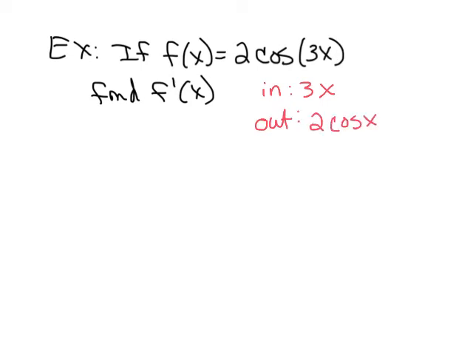So if I look at 2 cosine of x, that can be treated as a product. And if I apply the product rule to this, u of x would be 2, v of x would be the cosine of x. Well, if u of x is 2, the first derivative of 2 is 0.